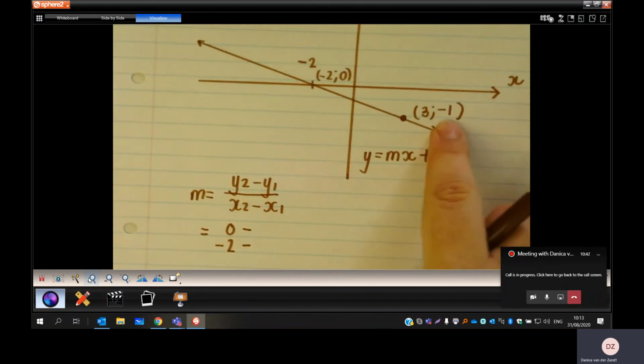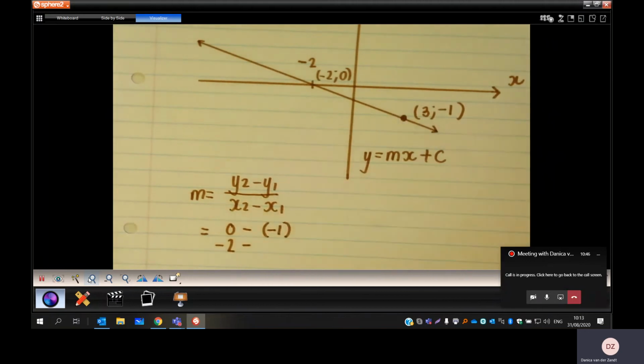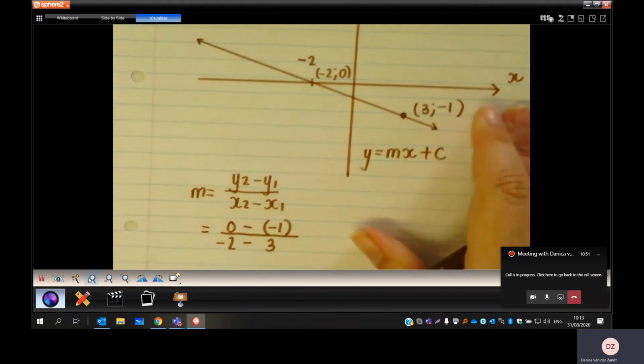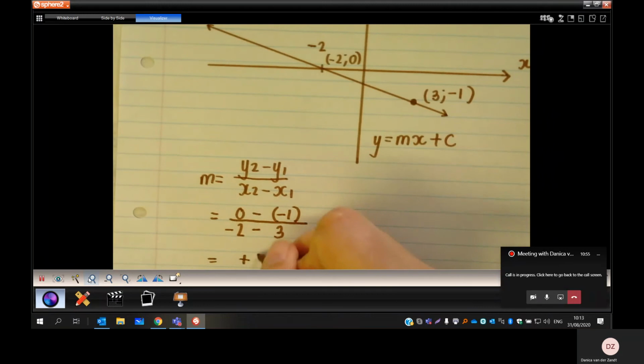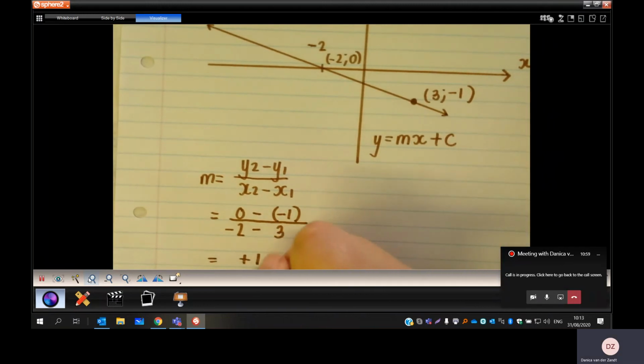Then I have minus 1 for y, so it's now another minus, so I'm protecting, and 3 for x. So 0 minus minus 1 is positive 1. Minus 2 minus 3 is minus 5. So my gradient is negative 1/5.